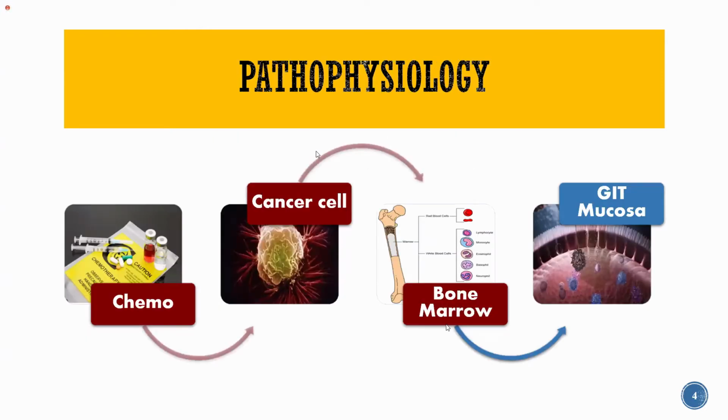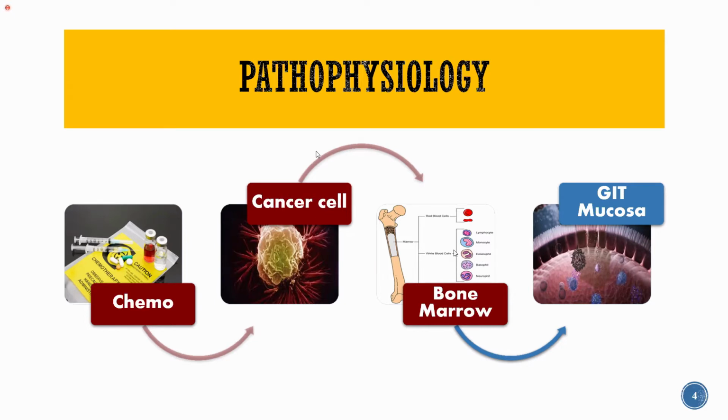So what happens in febrile neutropenia? Let's try to understand the pathophysiology. Basically we give cytotoxic therapy to patients. This cytotoxic therapy or chemotherapy is not only toxic to cancer cells, but it's also toxic to healthy cells.